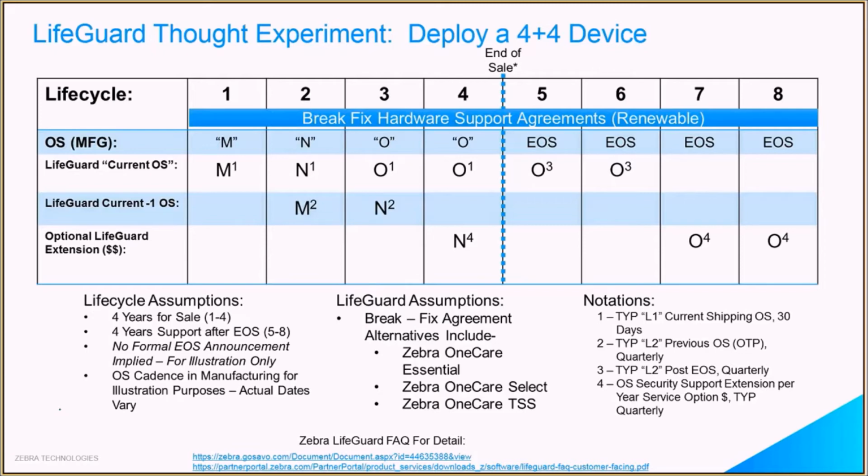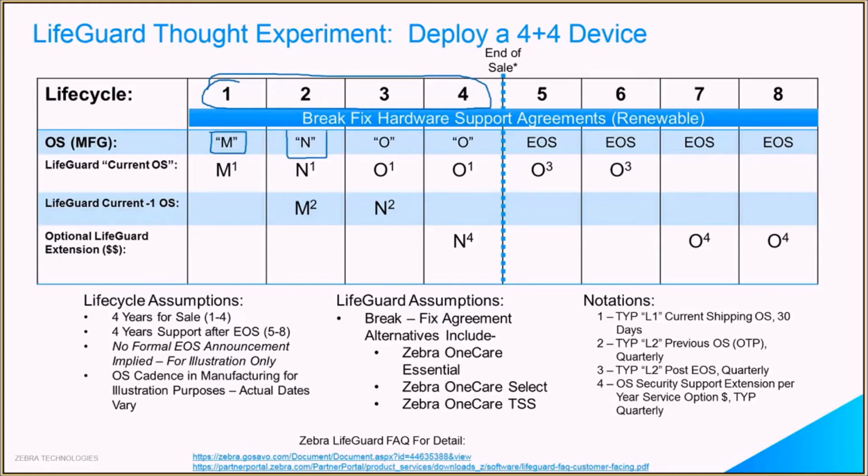This doesn't include that there's a patch every 30 days. It just lets you know when there would be a patch every 30 days. And so you've got to work through what does that mean and how dynamic is the customer environment for patching. But if we took a TC51, a 4-in-4 life cycle device, and we just simplified it to a 4-year availability, you could see that in rough terms, the first operating system was M. That was shipped on the device.